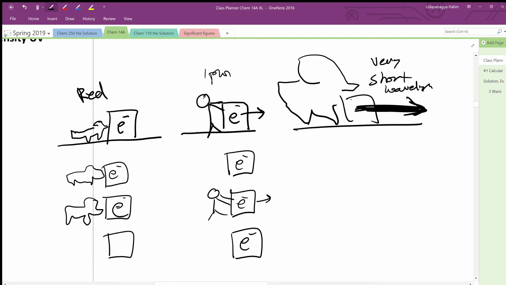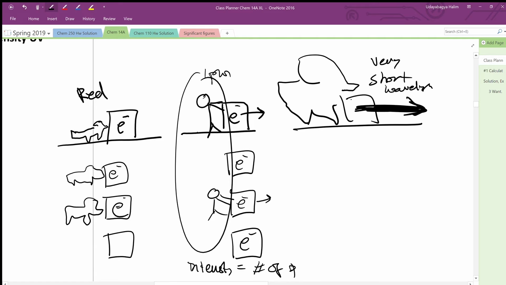So the intensity is equal to the number of particles of light. And the same thing with this particular elephant: the more intensity you have, the more elephants in the room pushing. Of light, of photons, yes. So same thing.